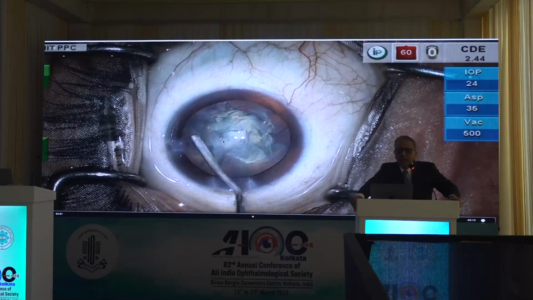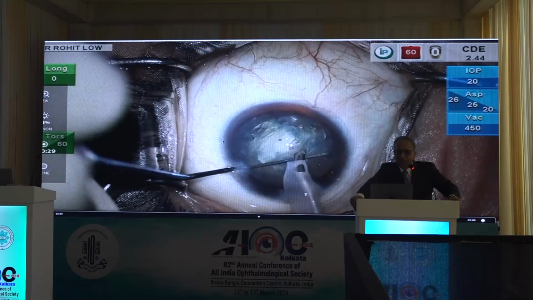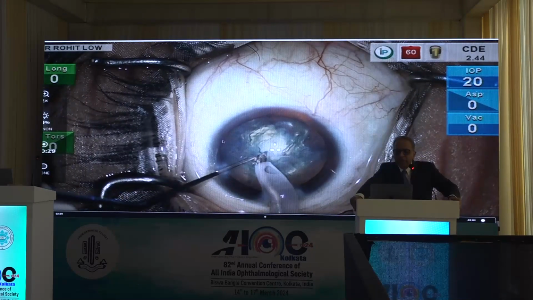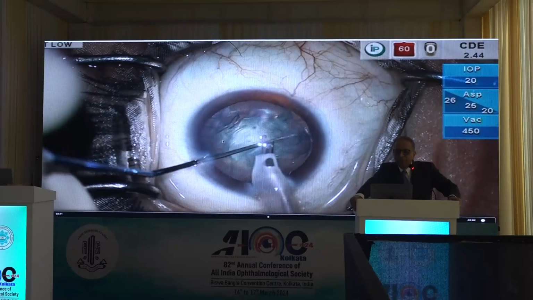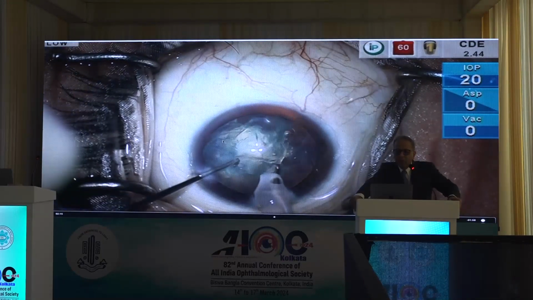Once that is done, I have a free floating epinuclear mass, and then with slight repositioning of the last nuclear fragment, I'm trying to reposition it, and you can see how I'm able to do it.